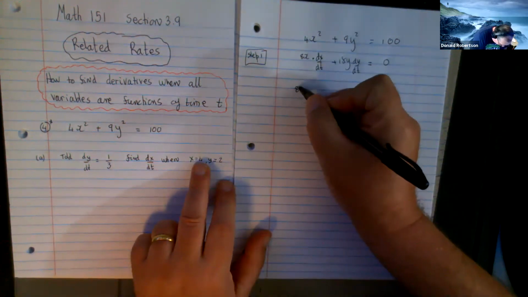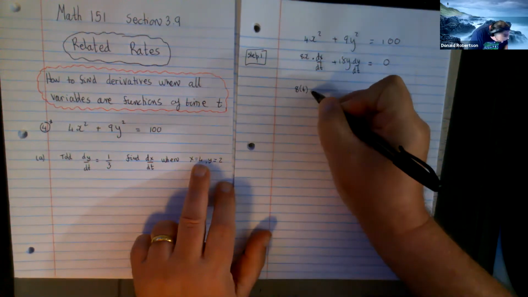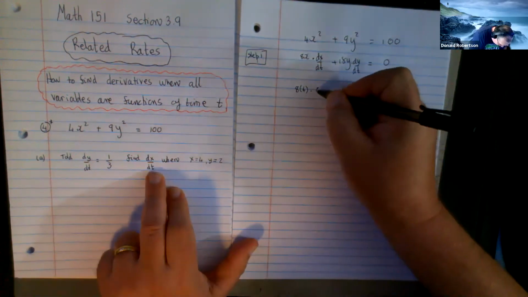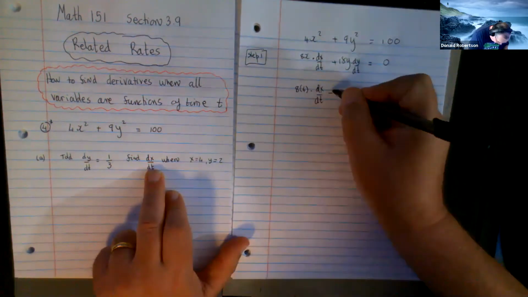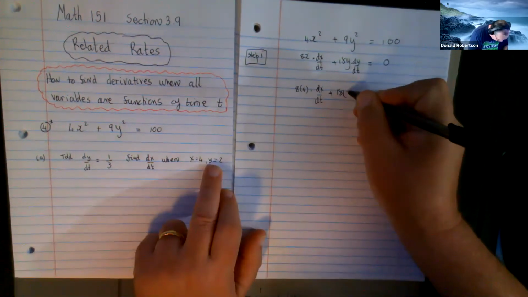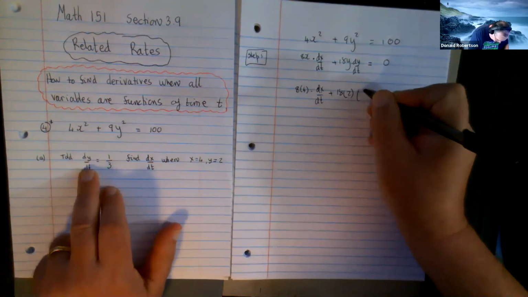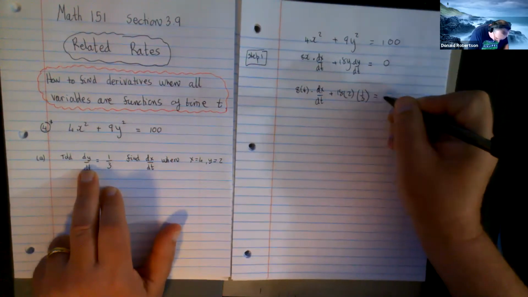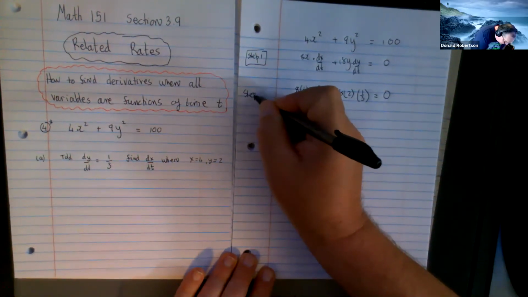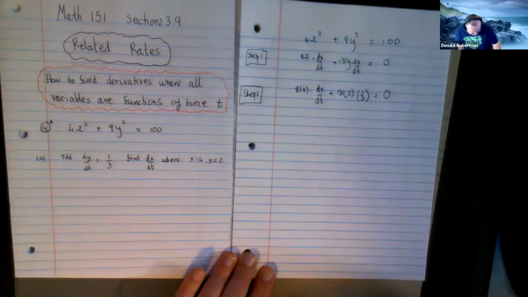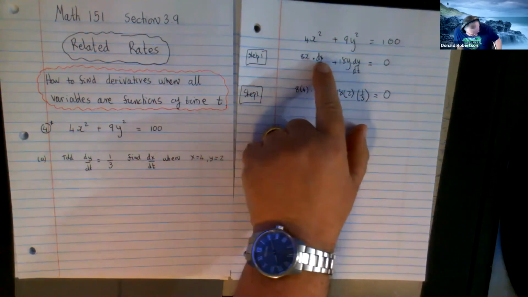I know it's 8 times 4 times dx by dt, because I've been asked to find that, plus 18 times 2 times dy by dt equals 0. So what I've done in this step is basically replace everything with the value they have told me.